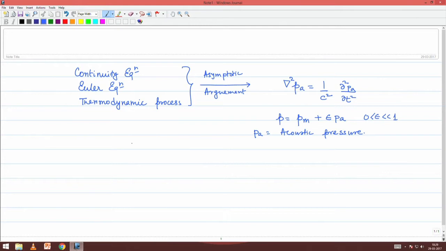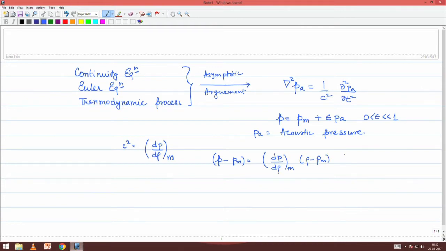We will also recall that this quantity C square by the thermodynamic process was given as the following. It is the derivative of pressure with respect to density evaluated at the mean conditions, because the thermodynamic property gave us the following, that P minus P_m is equal to dP d rho evaluated at the mean conditions into rho minus rho_m.